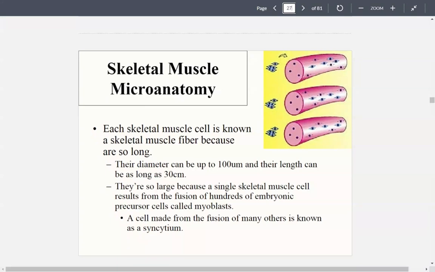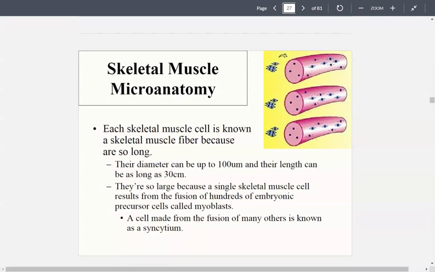When we get into skeletal muscle microanatomy, so we're getting into the individual cells, these are going to have a diameter of upwards of 100 micrometers and be as long as 30 centimeters. All depends upon the muscle that they are located at.